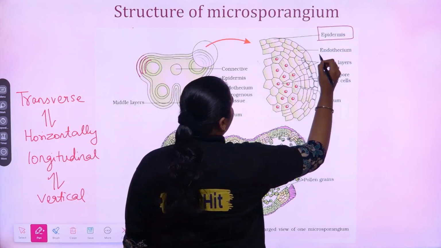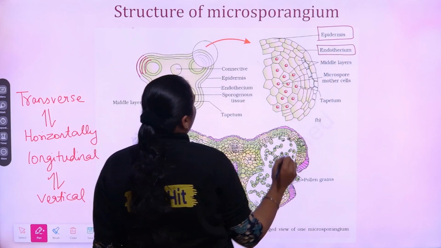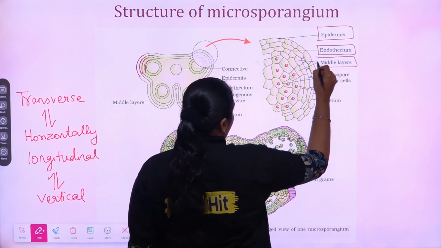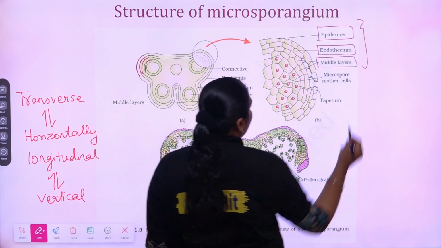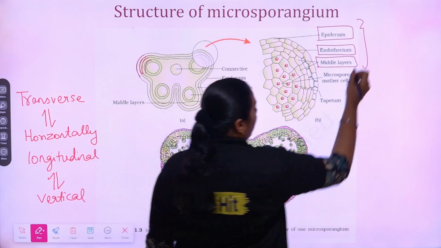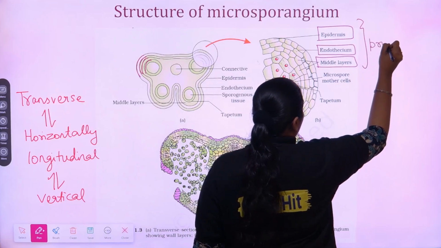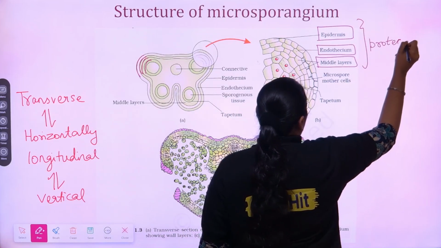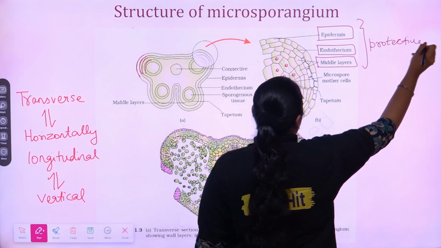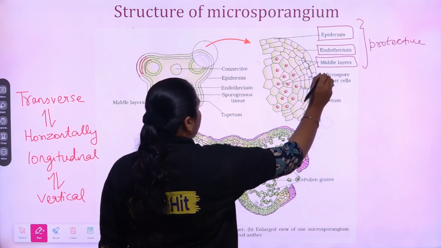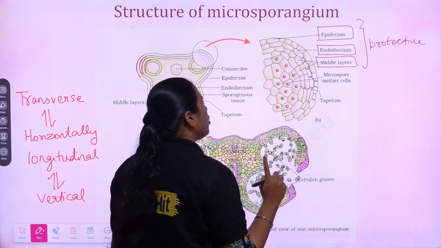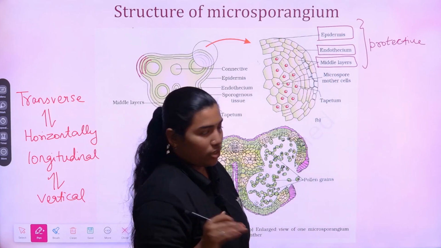Then we have endothecium, then middle layers. So these 3 layers together have a protective function. They protect the pollen grains. Epidermis, endothecium, middle layers, all these play a major role in protection.